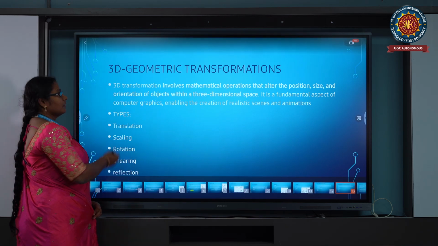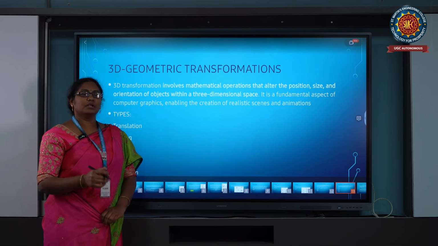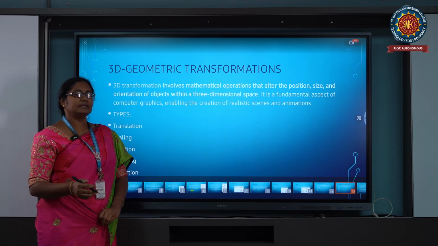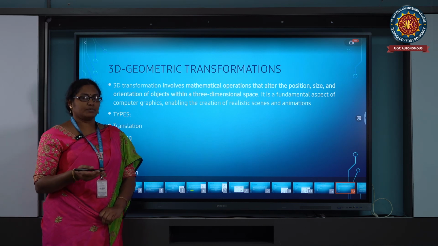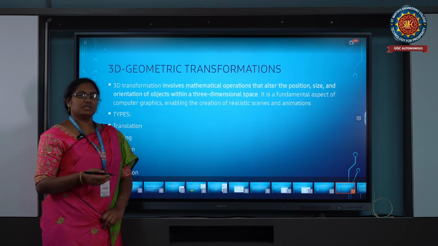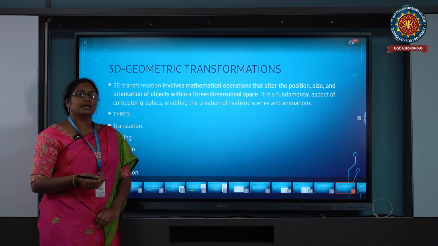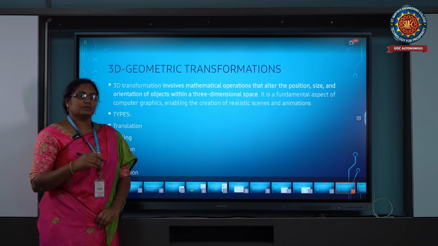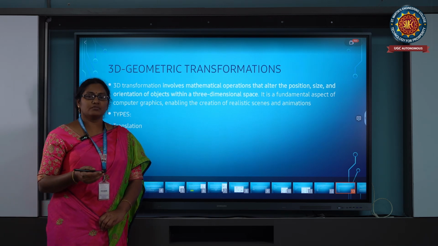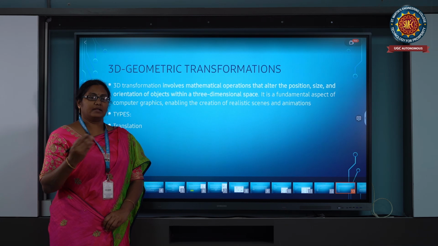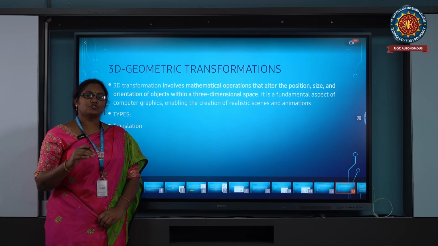So these are the basic transformations. These transformations are basically of two types: geometric transformations and coordinate transformations. Now we saw the geometric transformations. What are the geometric transformations? Translation. Translation means moving the object, changing the position of the object from one place to another. You can change the points and then join those points to get the image.